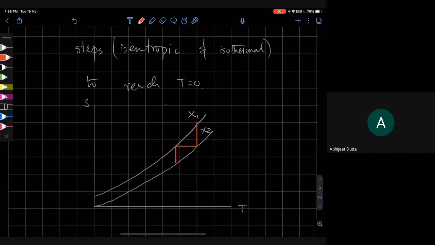This is basically how we do this. So if the entropy did not go to 0 at T equals 0, then there would be a finite number of steps we could use to reach T equals 0.